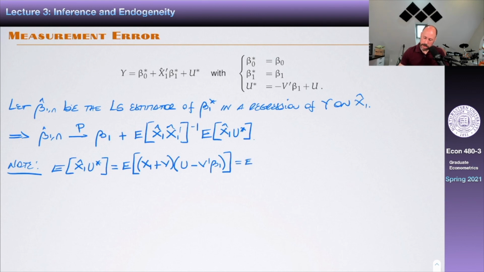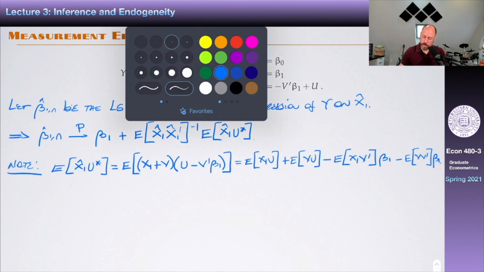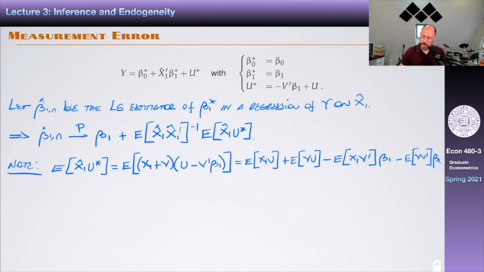Then we have b u. Then we have x1 b prime beta 1. And then we have b b prime beta 1. Well, this is 0. This is 0. This is 0. All by the assumptions that we made in the previous slide. This is not 0.